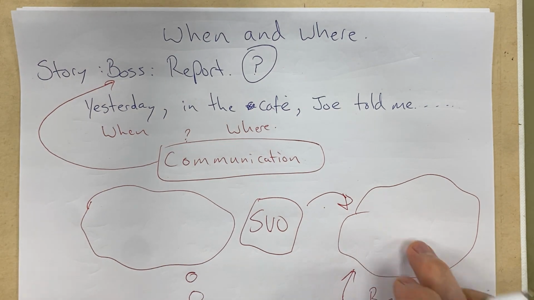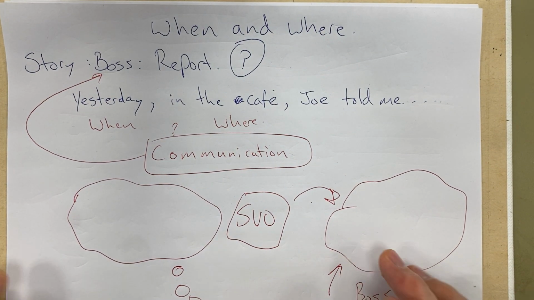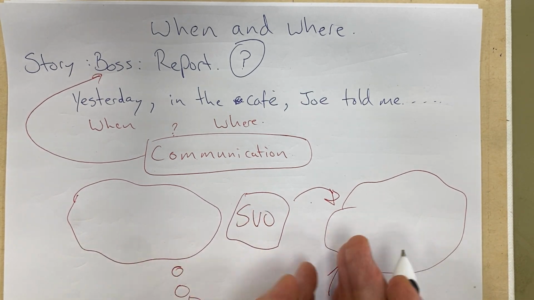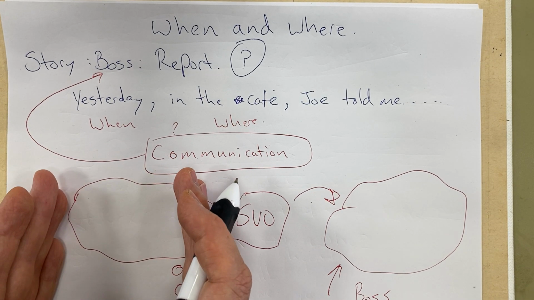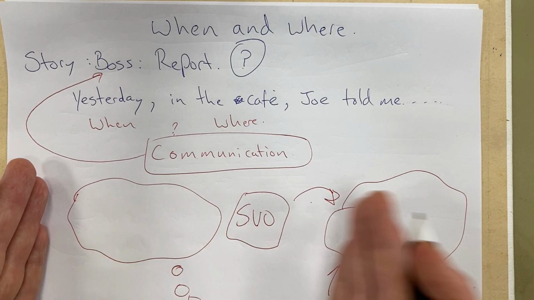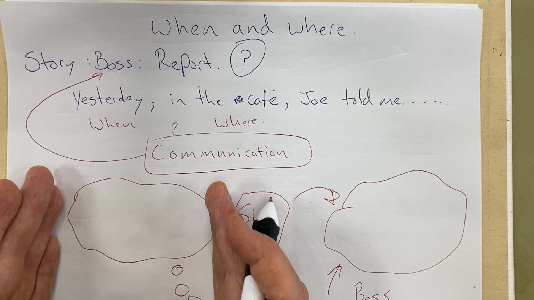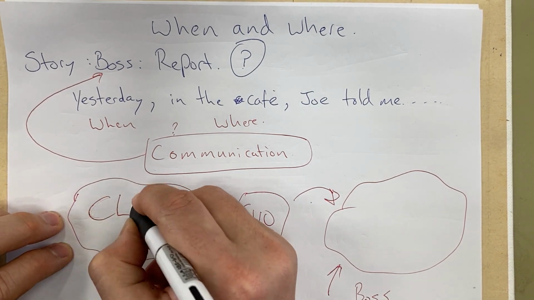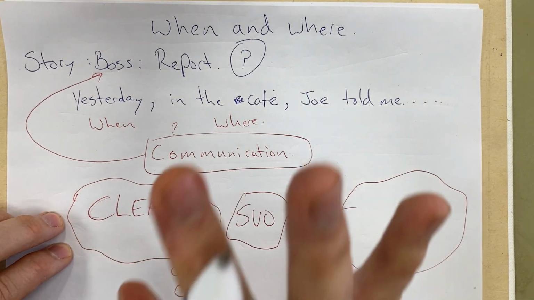Because if it's a different picture, your boss misunderstood you, and he will say, or she will say, I thought you said something else, right? And you're like, oh, no, I said this. And he's like, well, I didn't understand you. And whose fault is that? Maybe it's his fault, but you lost because he's the boss, right? So your job is to be very, very clear. Super, super, super clear. So short sentences with SVO are okay.